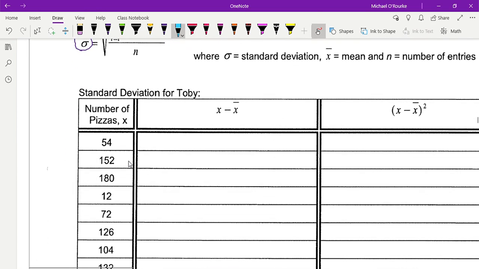Hypothetically, you would never do this on a calculator. You plug all the numbers into Excel, and Excel will do it for you. But I will not give you a list of like 100 numbers to work through. You might get something like 10 numbers. But it's very important.